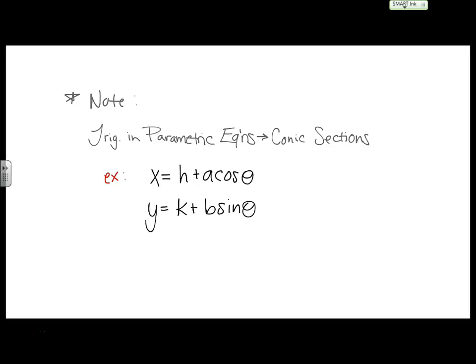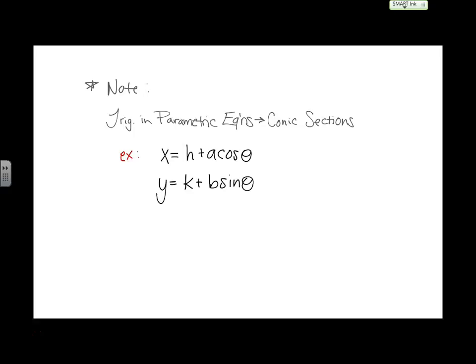But let me show you, without going through all the eliminating the parameter steps of what we basically just did, long story short, you are going to end up with x minus h over a, squared, plus y minus k over b, squared, equals 1, which is, as we're used to, an ellipse.